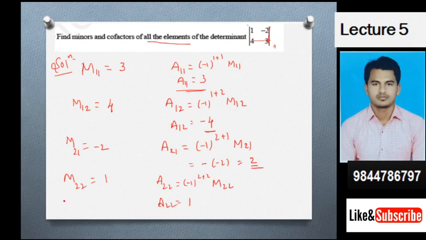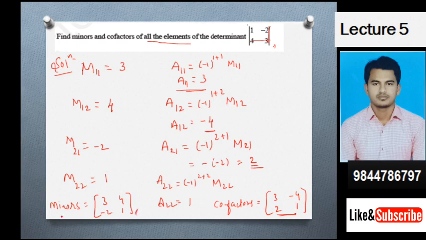What is our minor matrix? Minors equal 3, 4, minus 2 and 1. What about cofactors? Cofactors equal 3, minus 4, 2 and 1. So this is the answer.